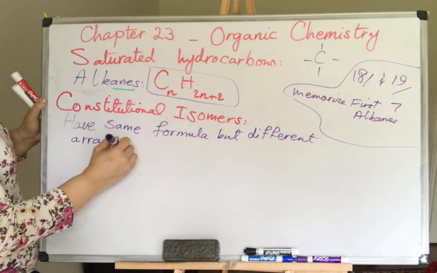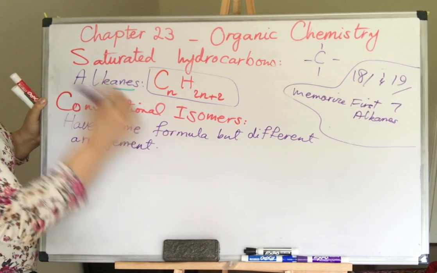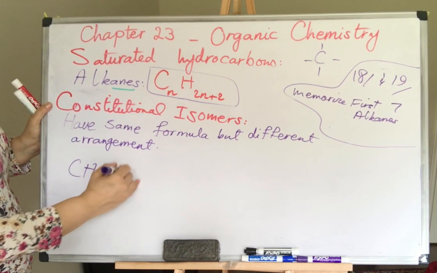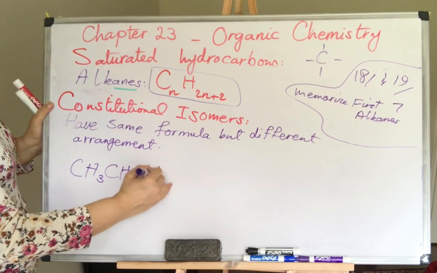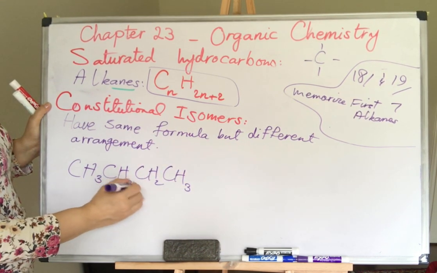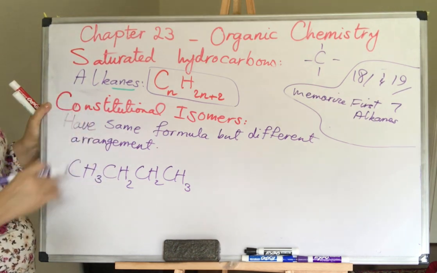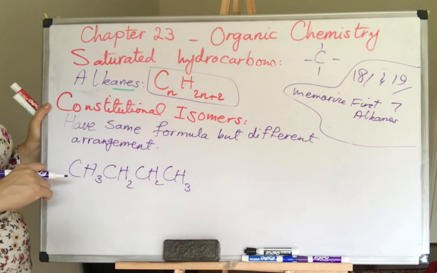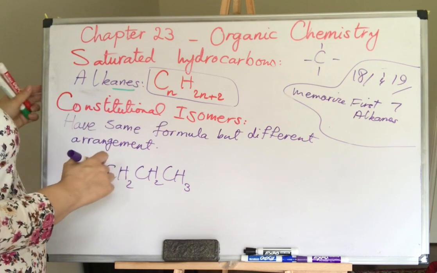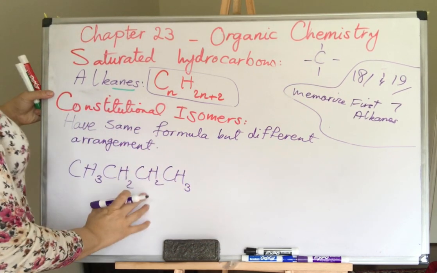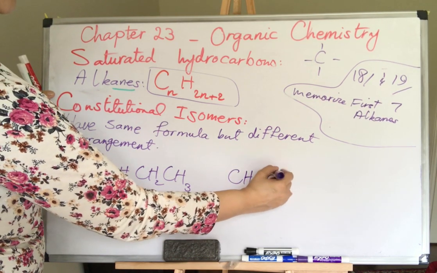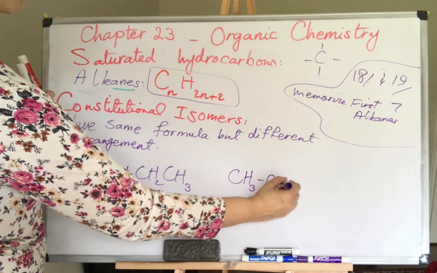So at this point, even without knowing the names, let me give you two examples. CH3, CH2, CH2, CH3. Let's say you don't know anything about naming organic compounds, but you're going to find the constitutional isomers between the given compounds. This is one of the compounds without knowing its name, and this is the second compound.